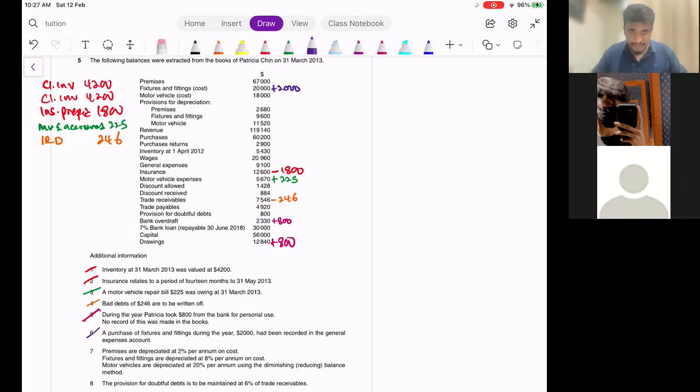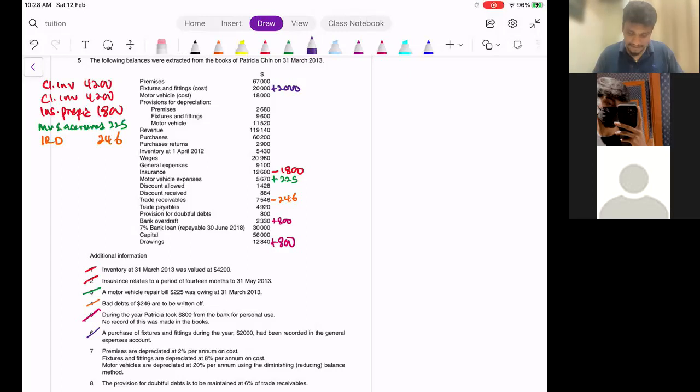If you read, you know. Mistakenly recorded where? From where do you need to minus? We recorded in the general expenses account. So you minus from?